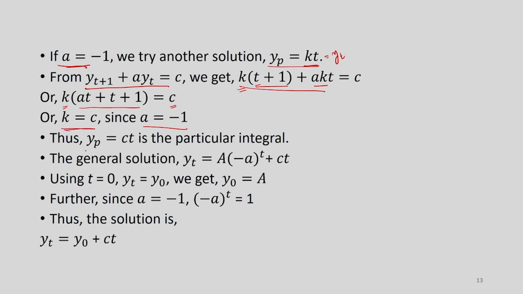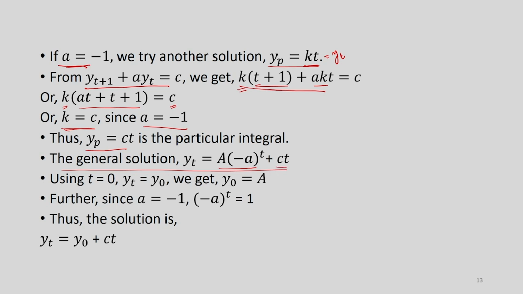So, this is the solution of the particular integral. It is yp is equal to c multiplied by t. So, the general solution in this case is yt is equal to the CF plus the PI. CF is A multiplied by minus a to the power t, plus c multiplied by t, the particular integral.